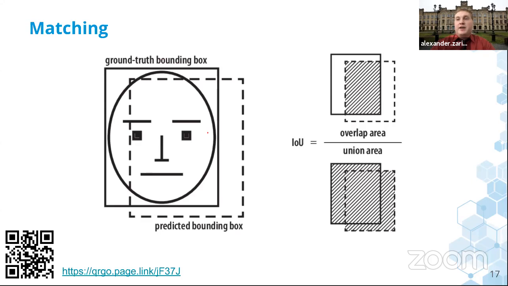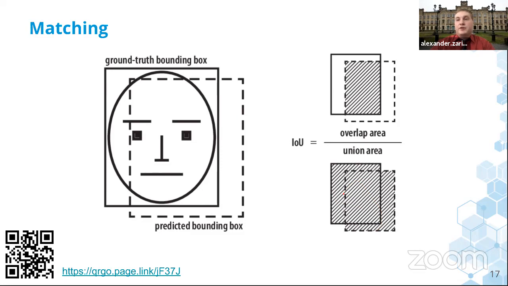This is done by calculating the intersection over union metric, or IoU, which simply divides the overlapping area of your predicted bounding box and the ground truth bounding box by their union area.